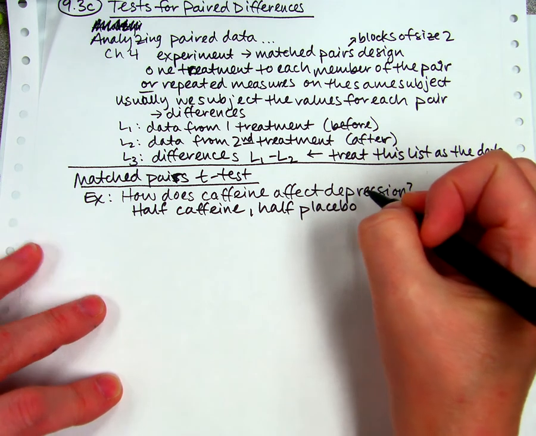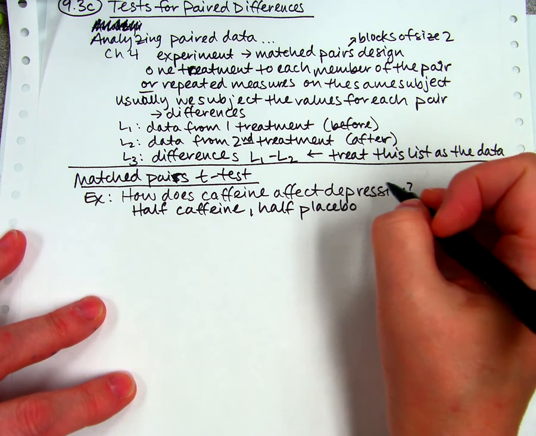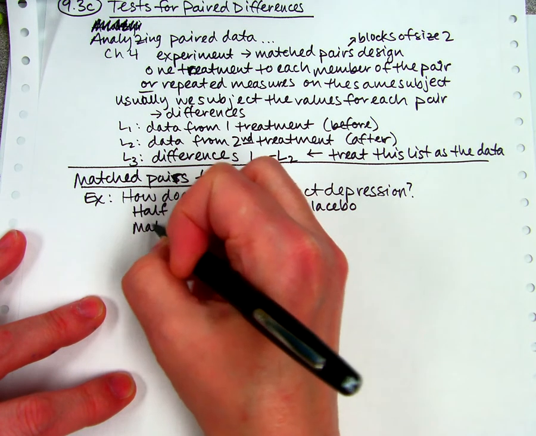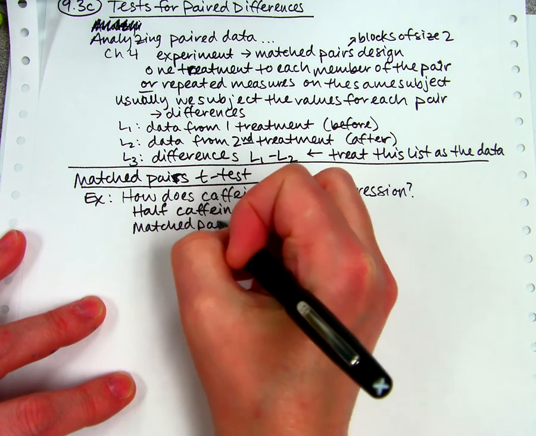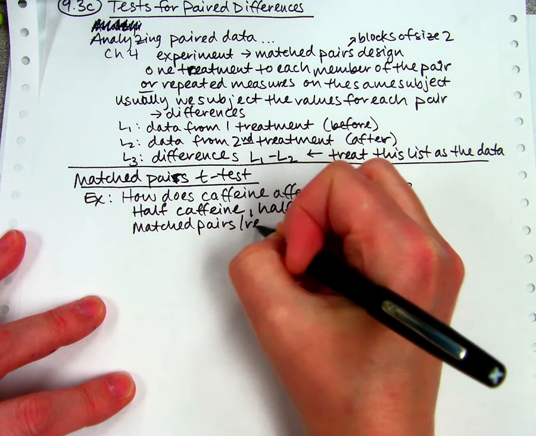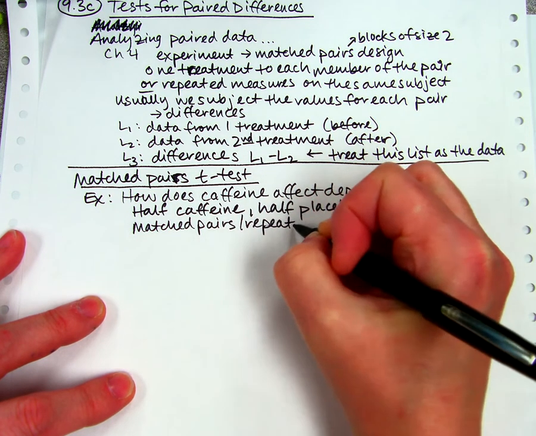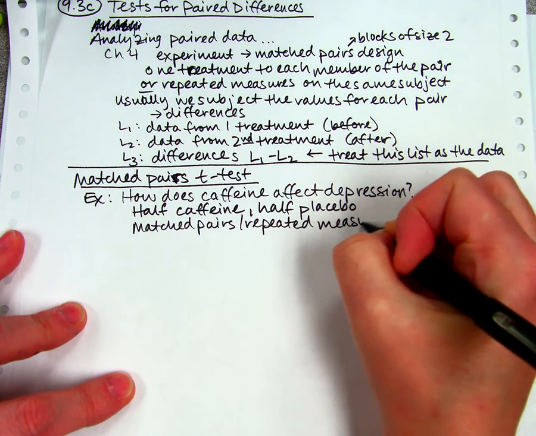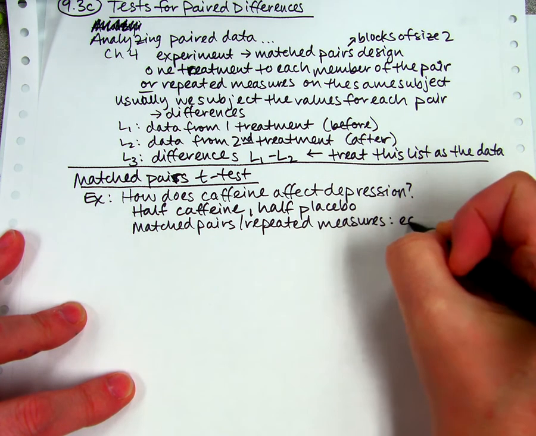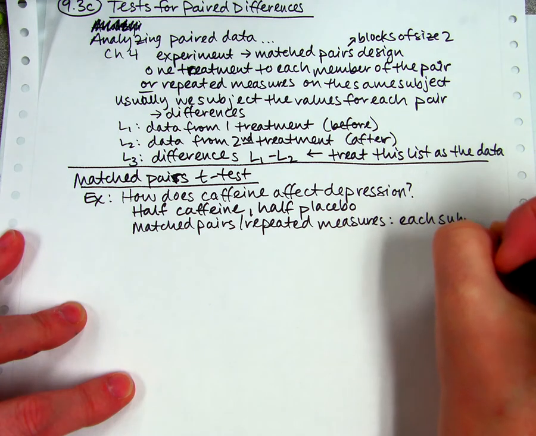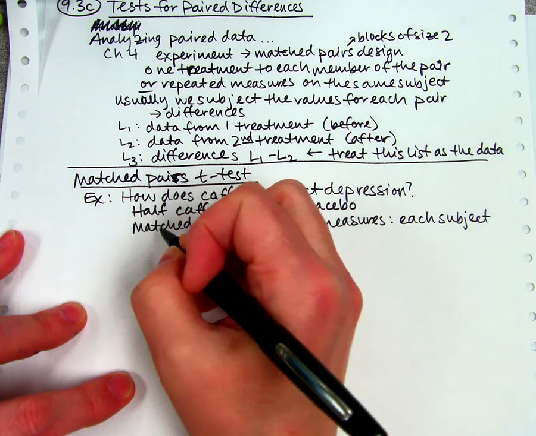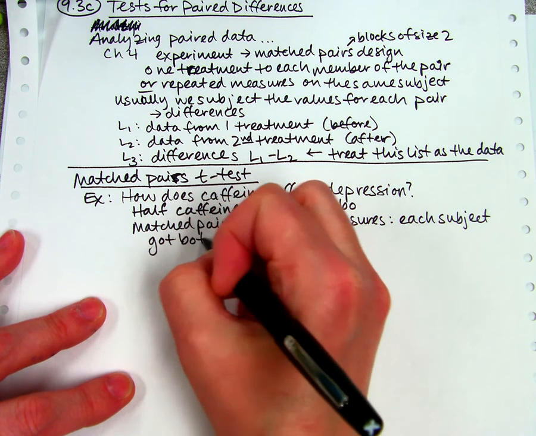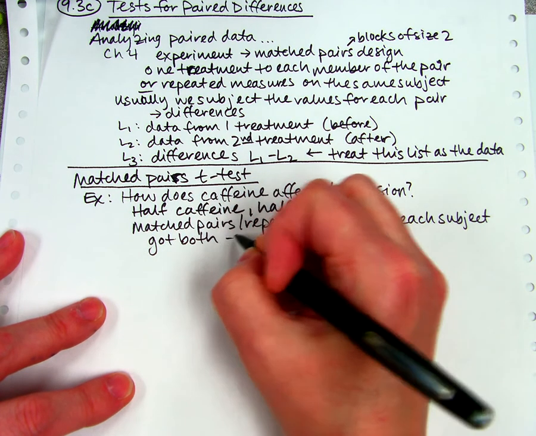In this particular study, rather than just do half of each, it was done with a matched pairs design. Repeated measures, each subject actually got both treatments, with a randomly assigned order.